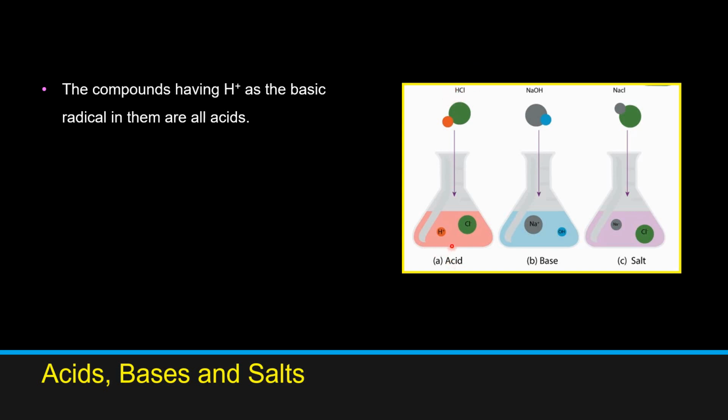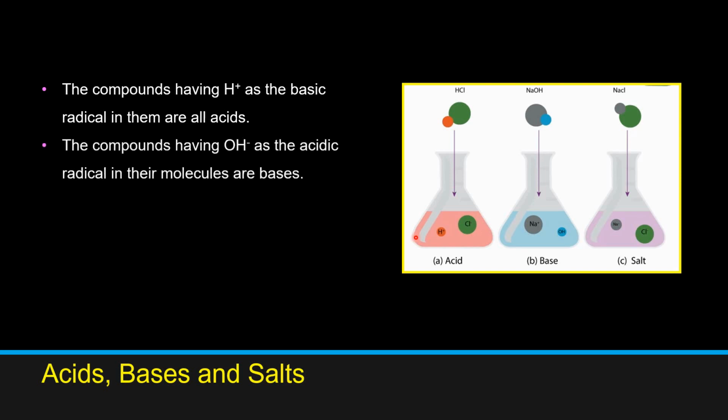It contains H+ and Cl- ions. So those compounds that have this H+ are called acids. Bases have OH-, that is the hydroxyl ion, as their acidic radical. So those compounds that have this OH- as their acidic radical are called bases.